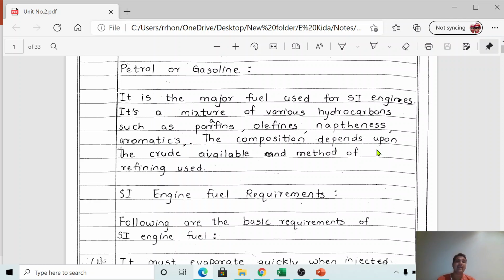So why are such things there? Always remember, my dear friends, SI engines are specially manufactured only for petrol or gasoline as a fuel. So why only petrol or gasoline as a fuel for SI engine? This question is again important.